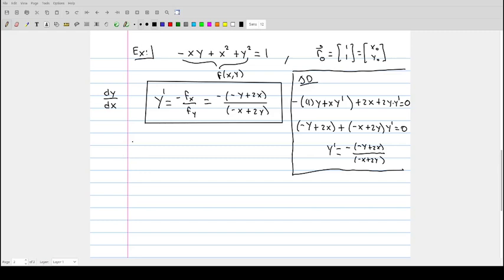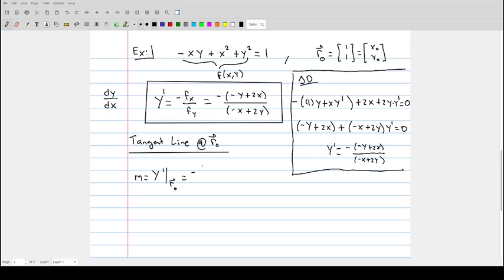So if we go through and try to get the tangent line at this point, and remember we can do this at any point on this curve, but we're going to stick to this point (1, 1) because it's going to give us a nice calculation. The first thing that we need for the tangent line is the slope of the tangent line at the point, or y prime at the point r naught.